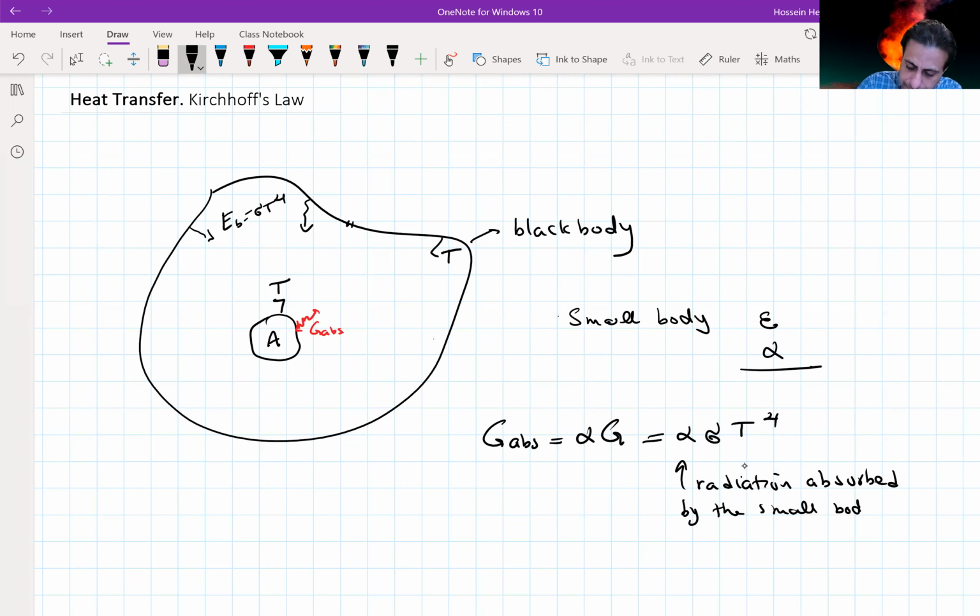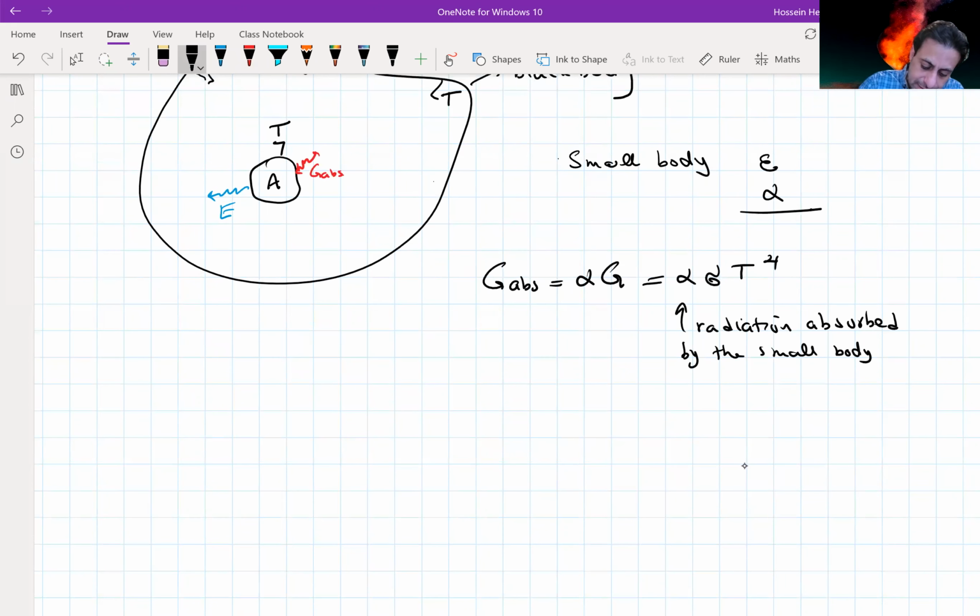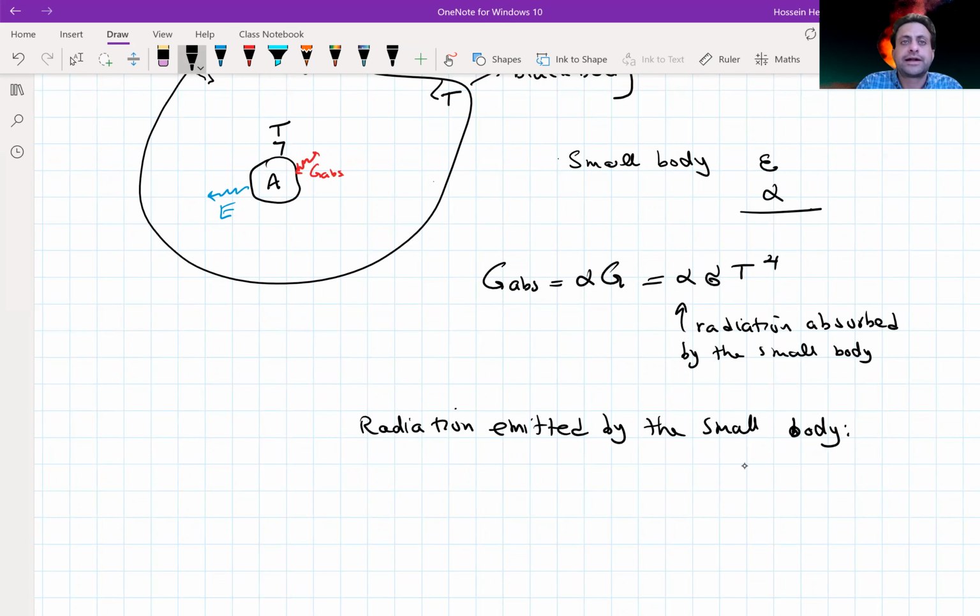by the small body. And at the same time, since it is at the temperature T above absolute zero, it is emitting some energy in the form of E. The radiation emitted by the small body is going to be a fraction of the radiation emitted by a black body, given by the emissivity.